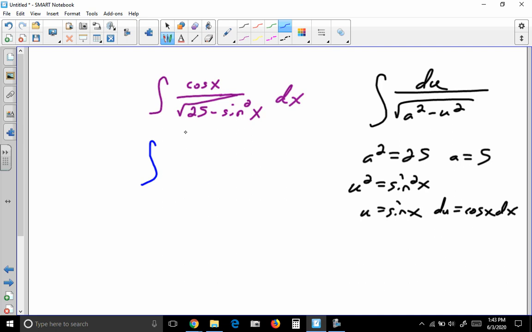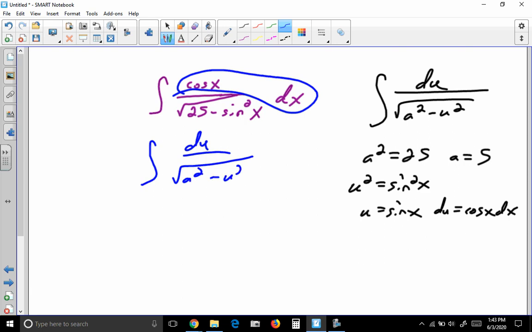So what do we have? We have cosine x dx. That's our du. That's our a squared. That's our u squared. So that's our arc sine. So that integrates right nicely into arc sine of u over a plus c.